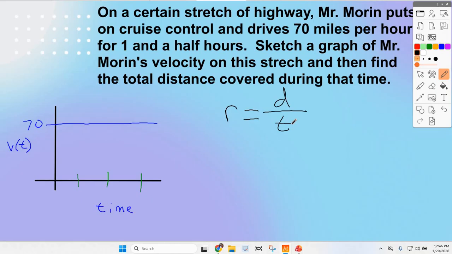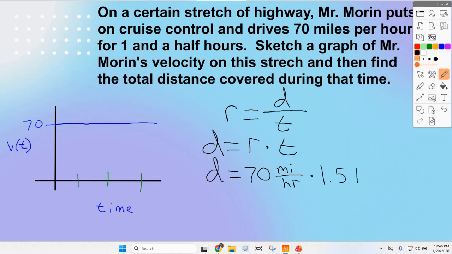But we're looking for our distance, yes? So how would I isolate my distance in that equation? Multiply by time. Okay, so distance is going to equal rate times time. What is our rate here? 70 miles an hour. And what's our time? 1.5 hours.